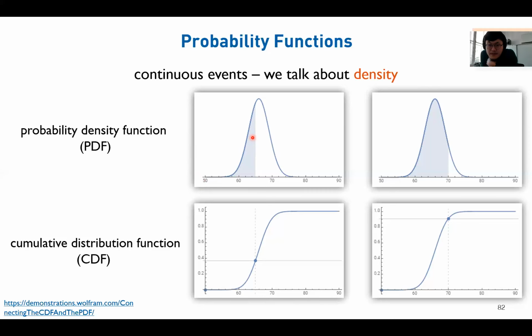So here it says the probability is the area under the curve of the PDF up until a certain point on the x-axis, and that's the CDF. You can calculate the CDF this way.